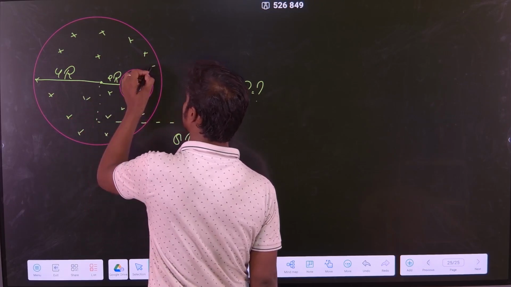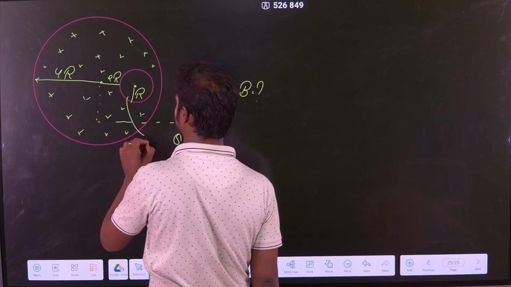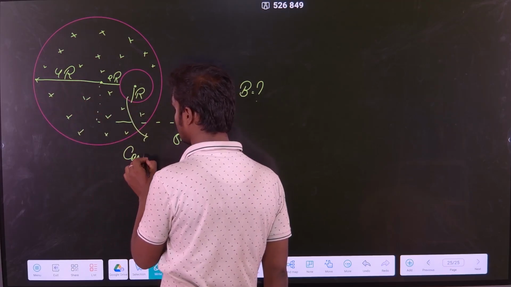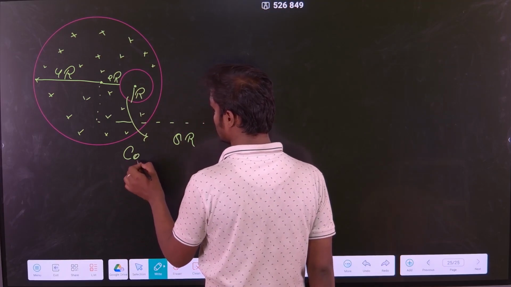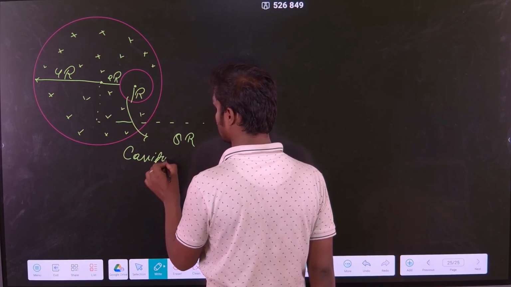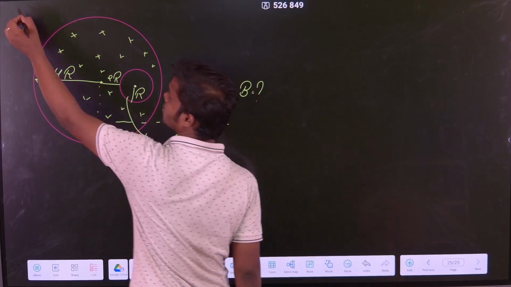And it's a cavity. Okay, remember this. This is a cavity. For example, you tell me the magnetic field.